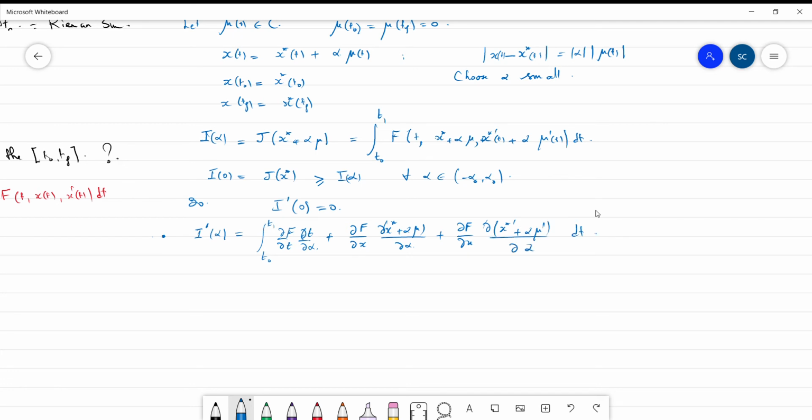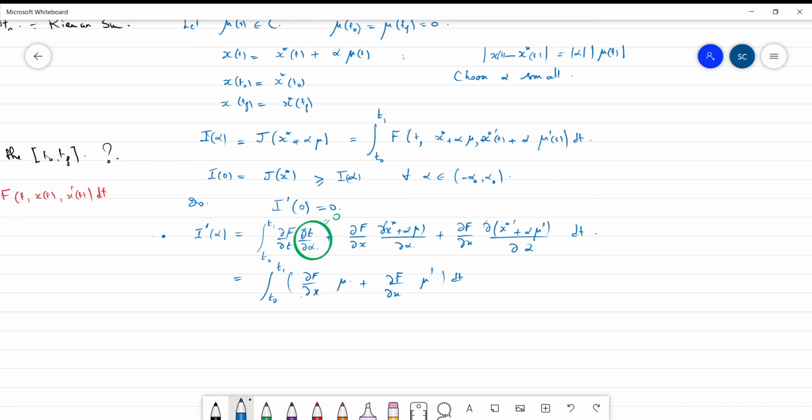The first quantity is 0, and then we obtain the integral from t0 to t1 of df/dx mu plus df/du mu prime dt.